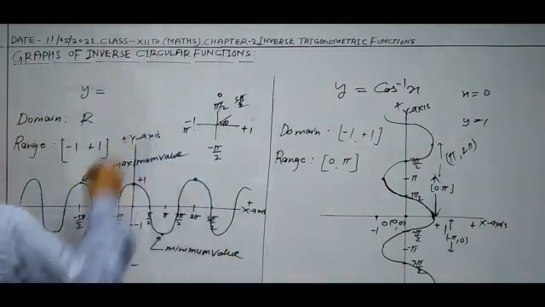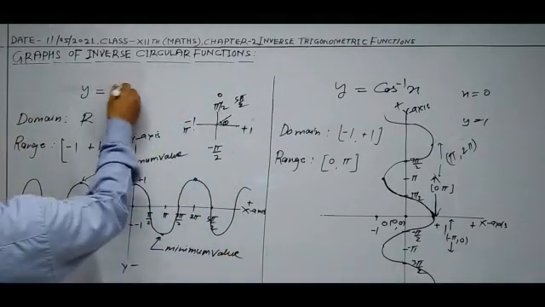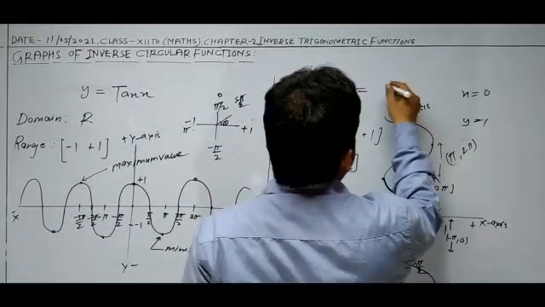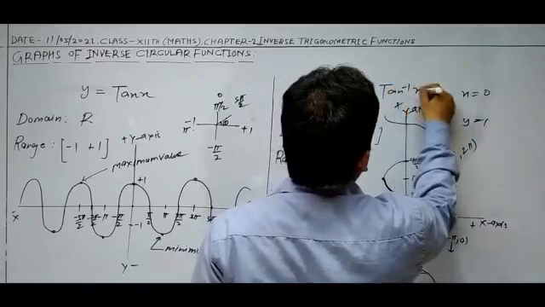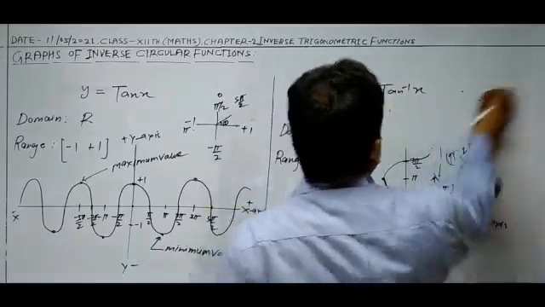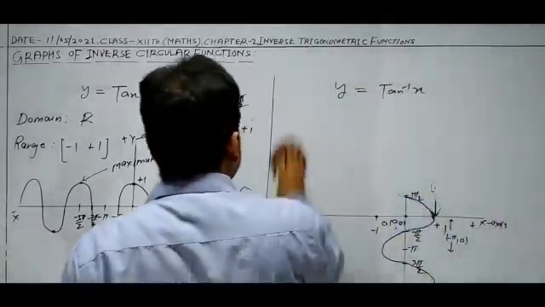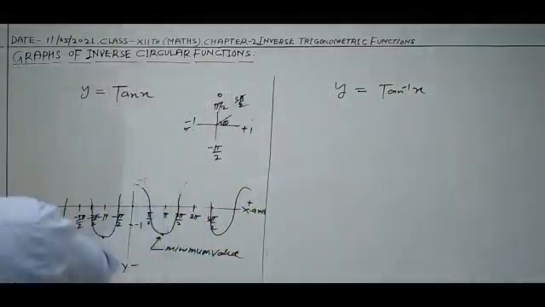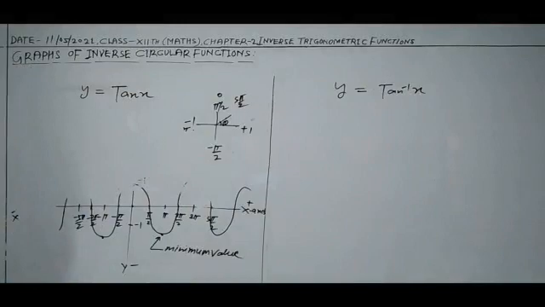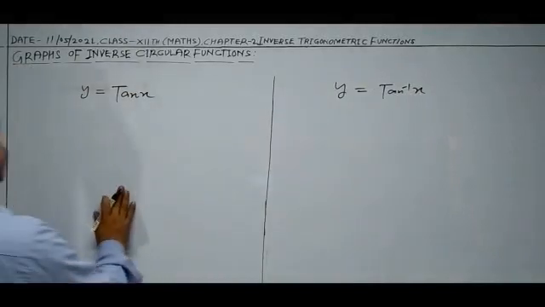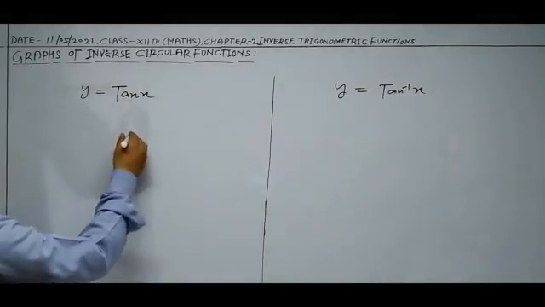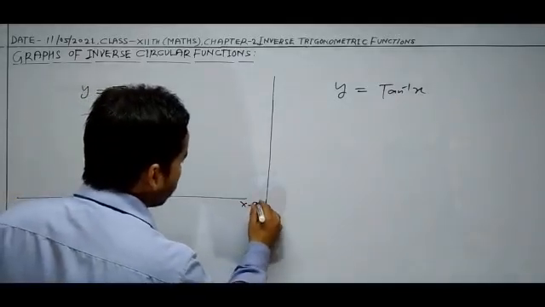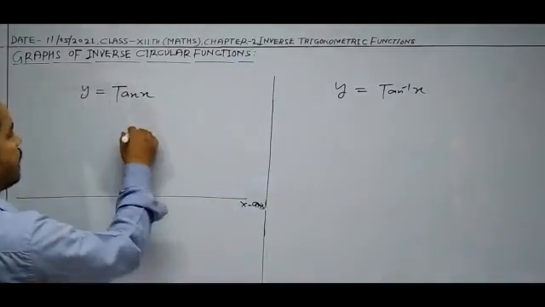Come to the next function, y is equal to tan x and y is equal to tan inverse x. Now see, for y is equal to tan x, first of all you have to draw an x axis and a y axis.